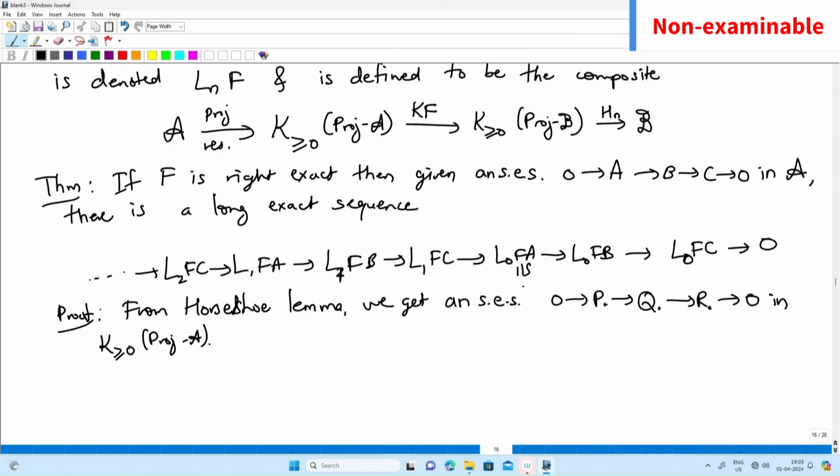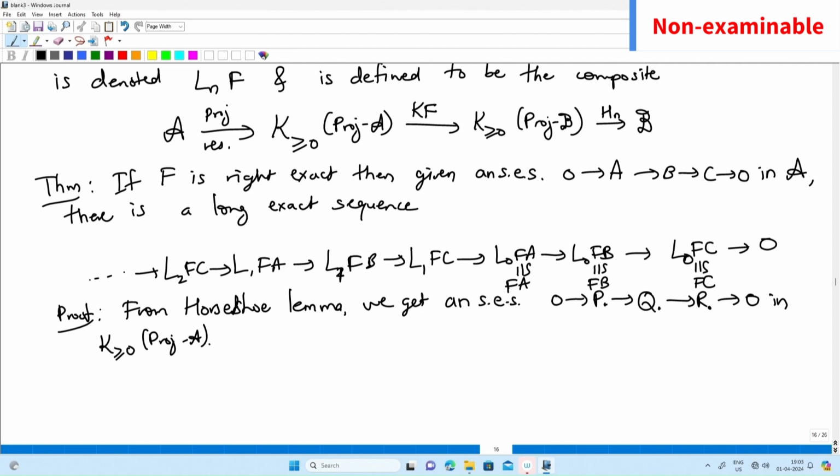The important point to observe is that this is isomorphic to FA, this is isomorphic to FB, and this is isomorphic to FC. And this 0 is happening because it's a right exact functor.